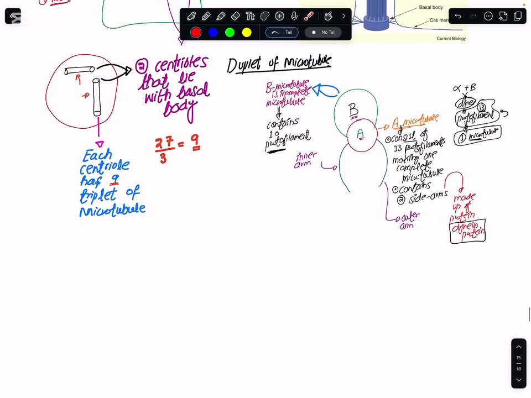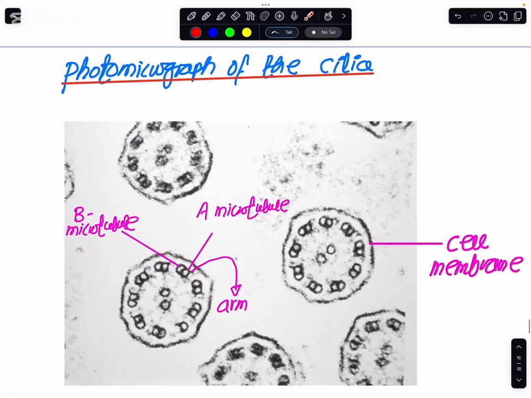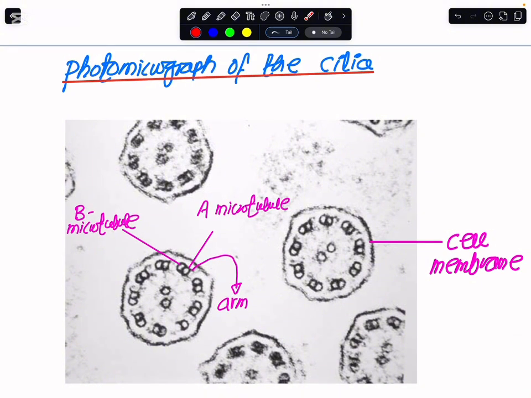Now we have to be clear about how the micrograph of these cilia would look. If you just focus here, in the photomicrograph, this is the cell membrane. At the center, we have two central microtubules. And here at this point, they are the duplets of microtubules.